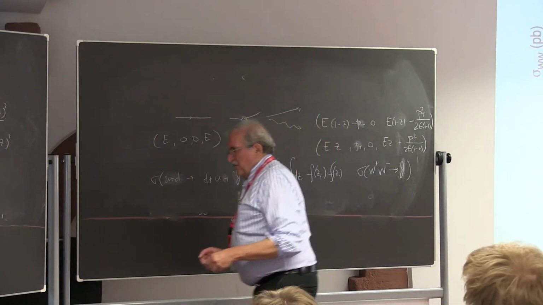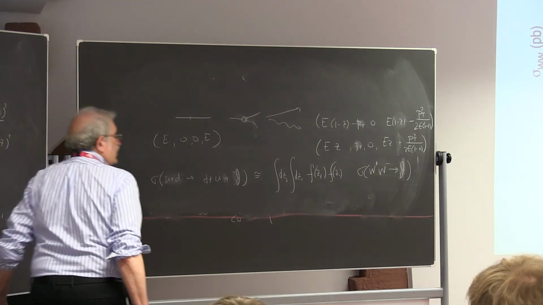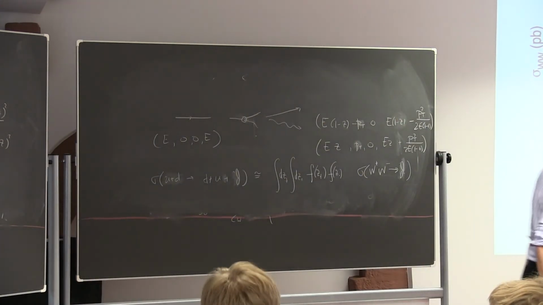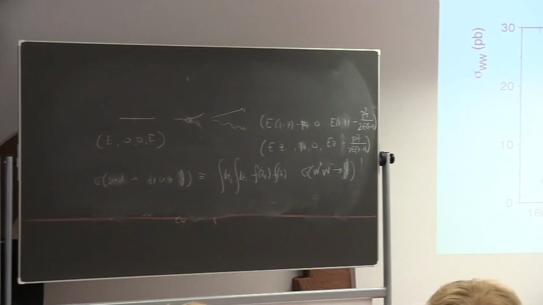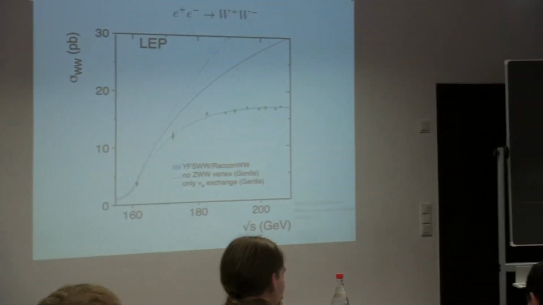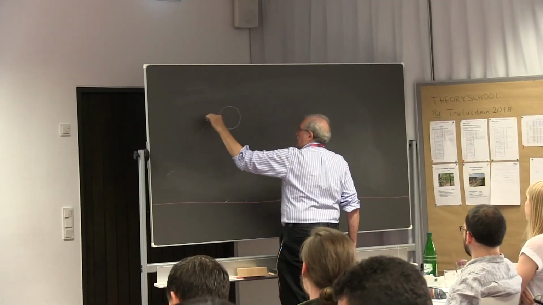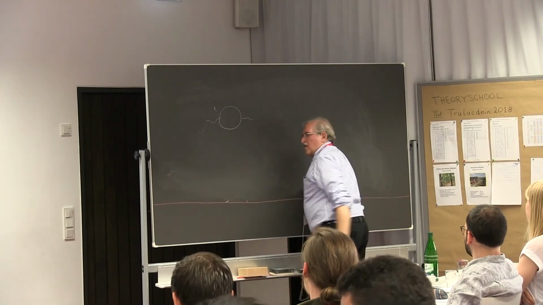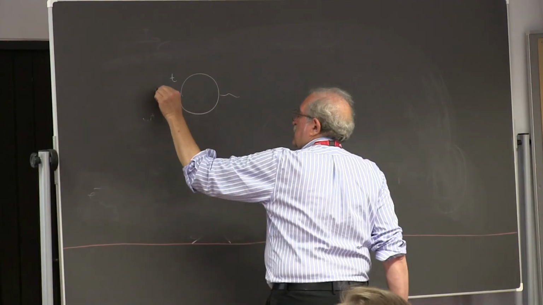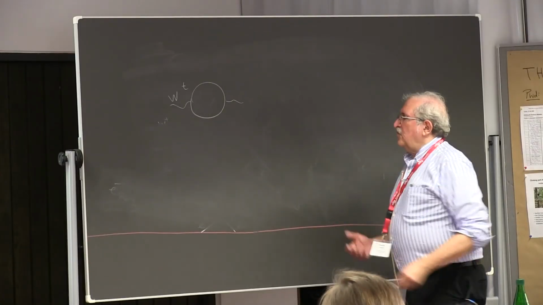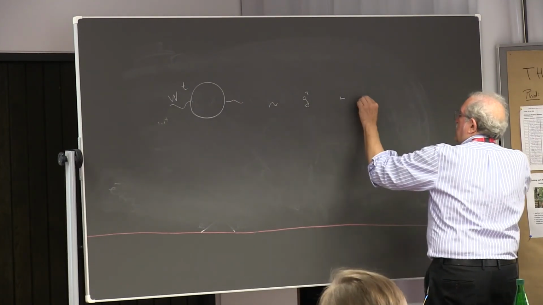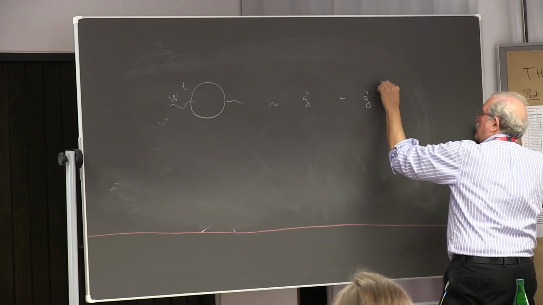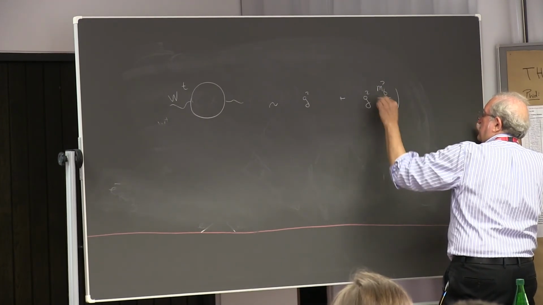I wanted to discuss the fact that these large effects of order mt squared over mw squared also arise in perturbation theory. And it's worth knowing about them because you will encounter these things when you do one-loop diagrams in the standard model. So very often in the standard model, if you have some one-loop diagram which involves the top quark and a W boson, you will find that this diagram has some ordinary pieces proportional to g squared and some not so ordinary pieces proportional to g squared mt squared over mw squared.